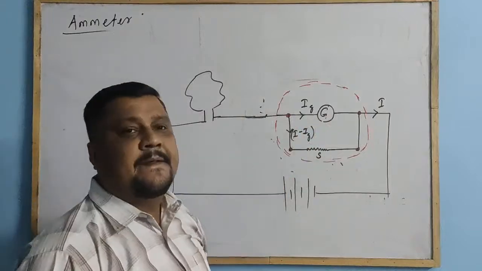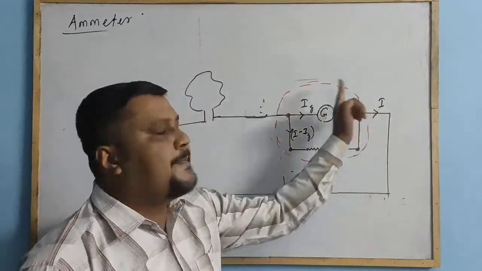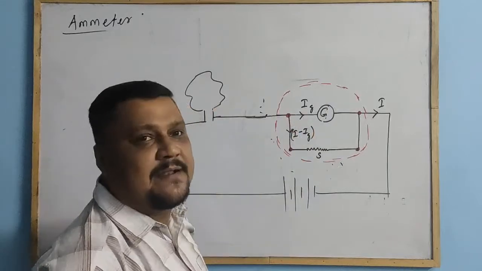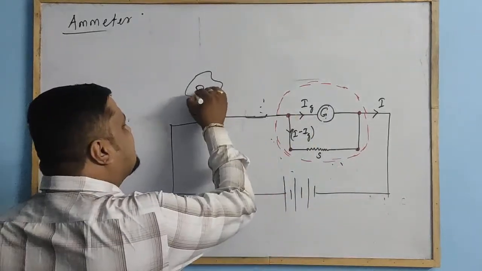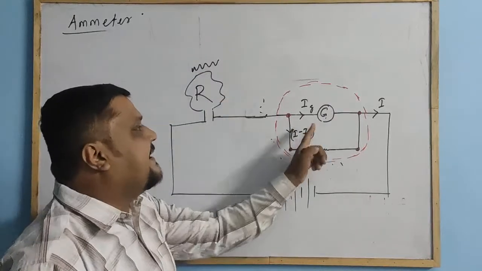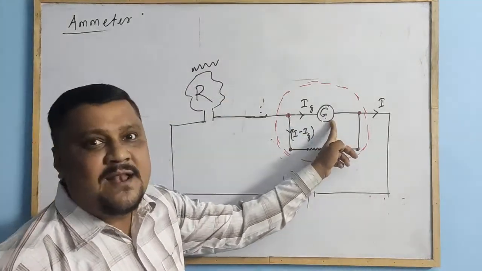So this is an ammeter. Is the ammeter connected in series or parallel to this? Suppose the circuit has another resistance R.